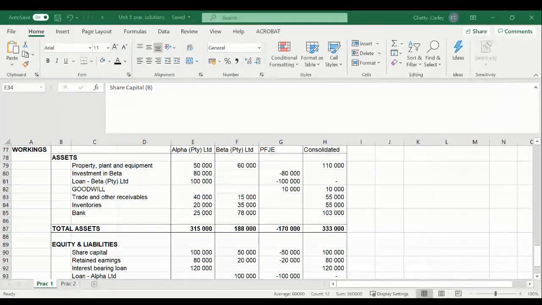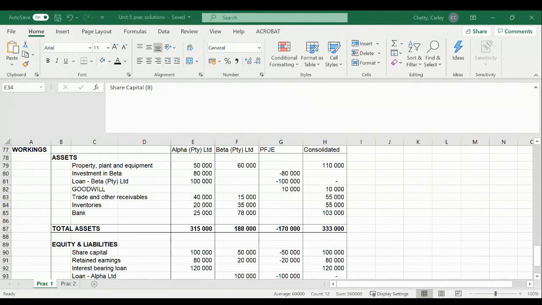In Alpha's trial balance, Alpha has PPE of 50,000 Rand, and Beta has PPE of 60,000 Rand. This is added together to equal 110,000 Rand in the consolidated financial statements.